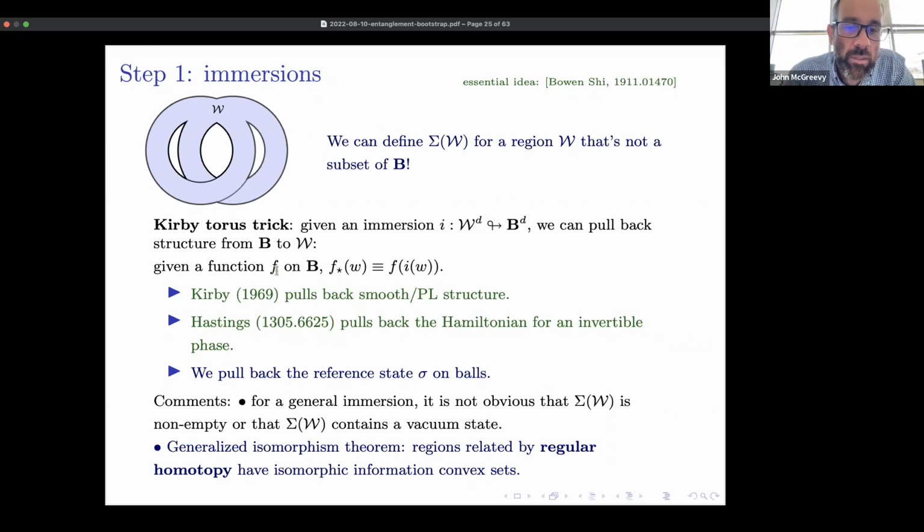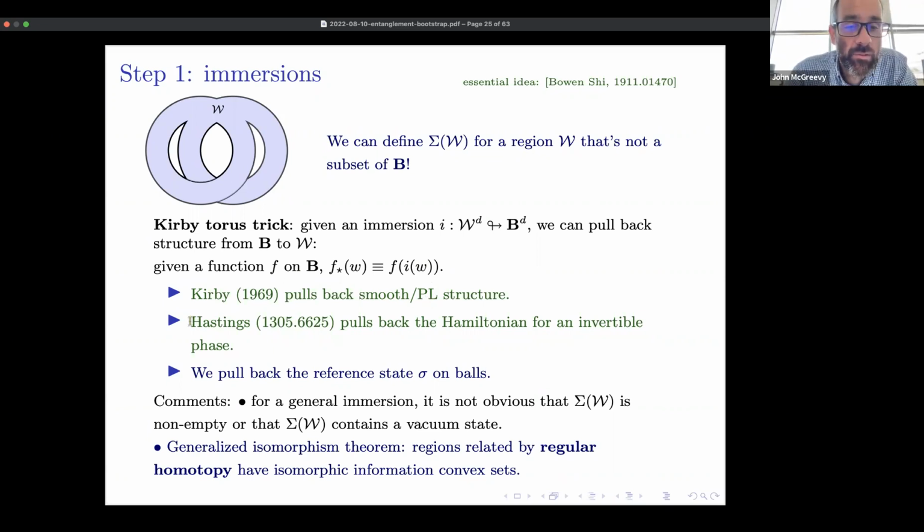By pullback, I just mean, given some function f on B, the pullback of that function is a function on W defined by f of the image of the point in W. Just the usual pullback. And Kirby used this idea to pull back smooth structure from the ball to the manifold he was studying, which was actually the torus, or maybe piecewise linear structure, I'm not sure, or maybe both.